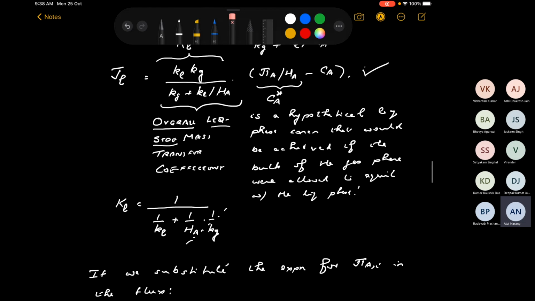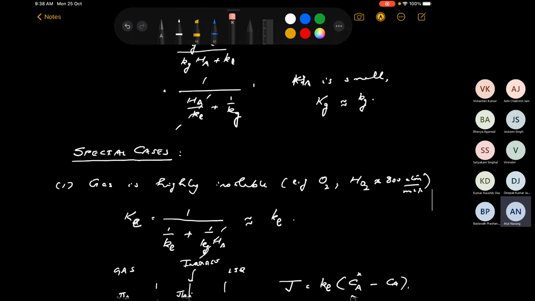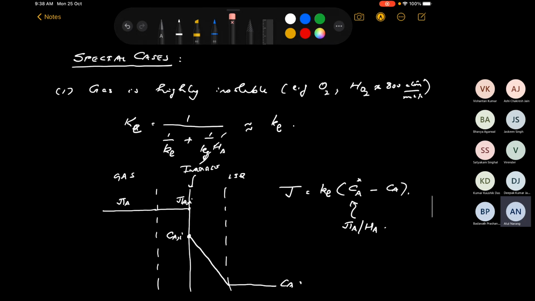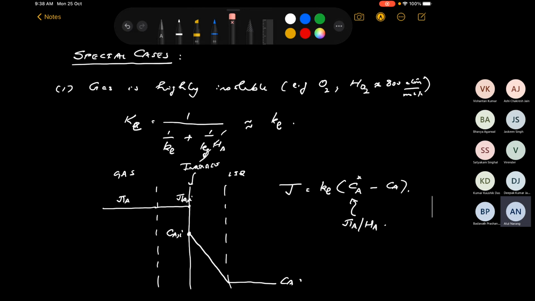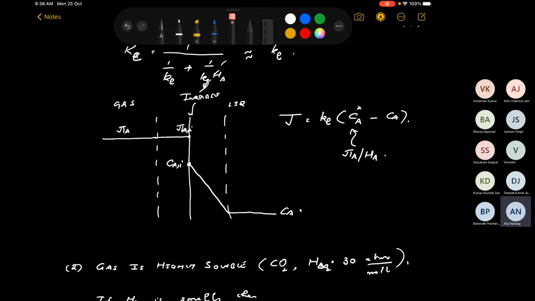But later on, when we considered the case of insoluble gases, such as oxygen, we found that this is the picture that emerges. Basically, what we are saying is that if the gas is insoluble, there's virtually no decline of the concentration in the gas phase. The expected decline, which we had in our earlier picture, which I'm showing with a red line over here, never happens.